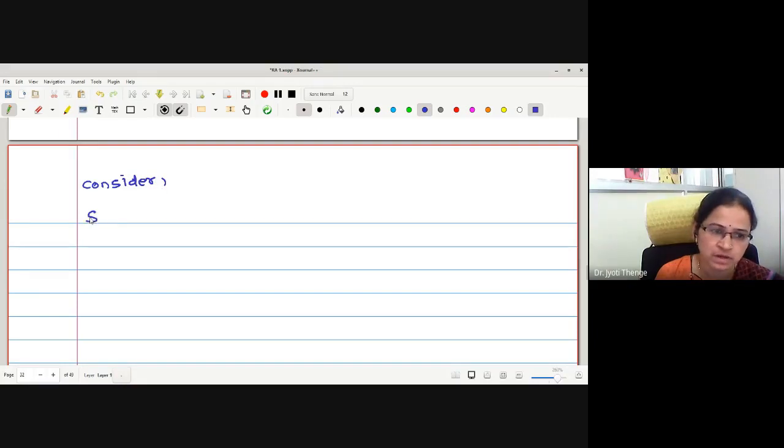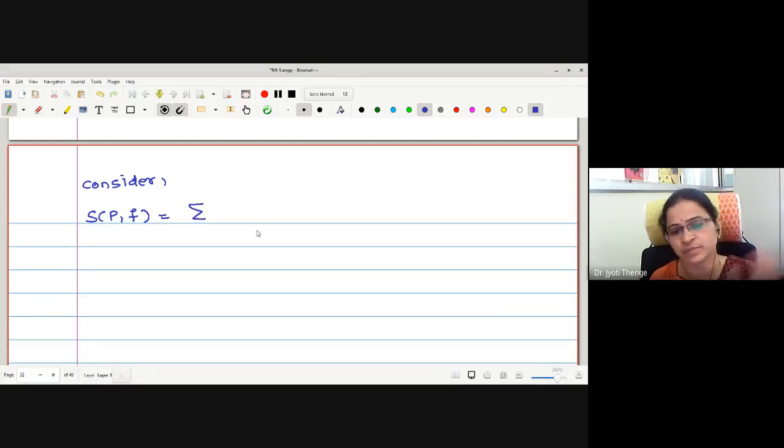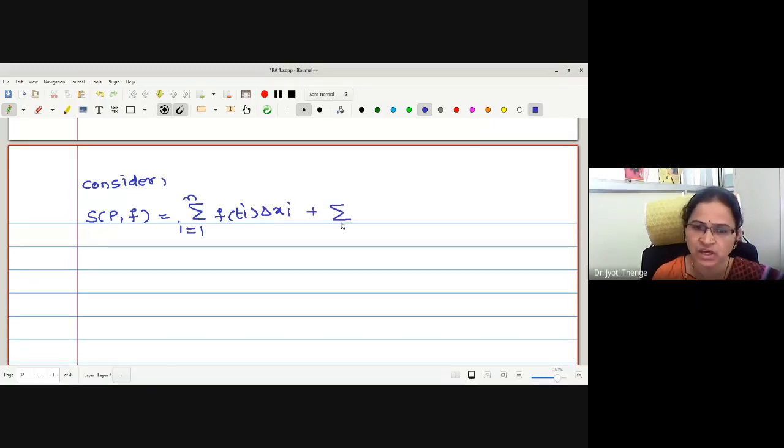Consider S_P_f. What is S_P_f? Actually this is summation f of Ti delta xi, but as we have divided this partition into two different parts, let me write first for the negative part summation i equals 1 to n f of Ti into delta xi. Similarly, we have made n equal parts on the right part, that is for the positive part.